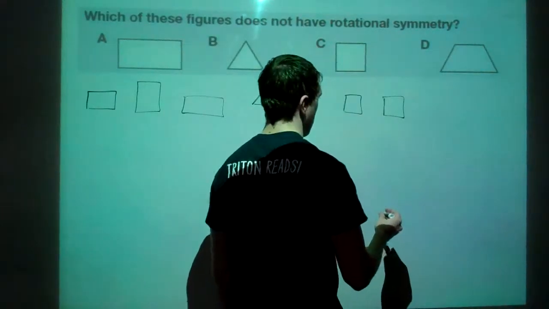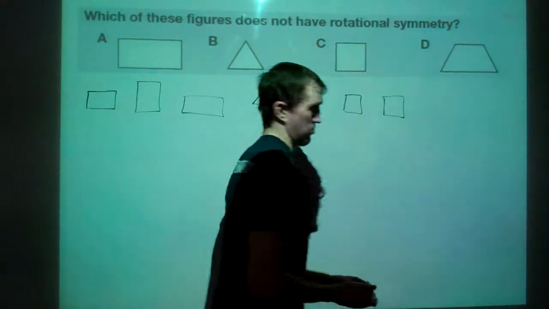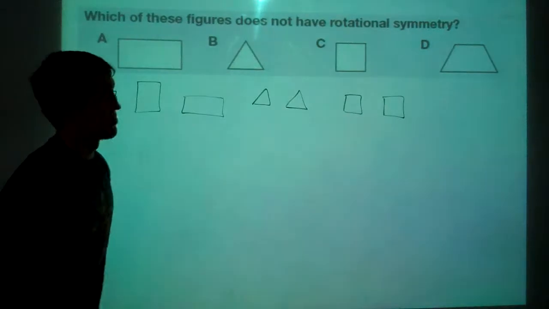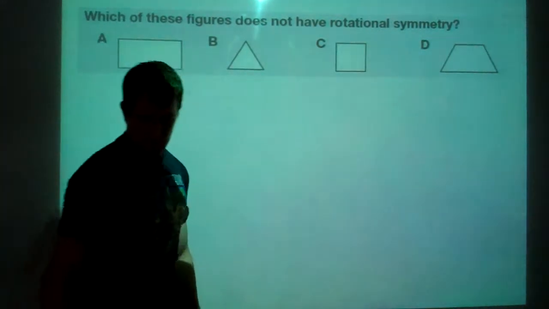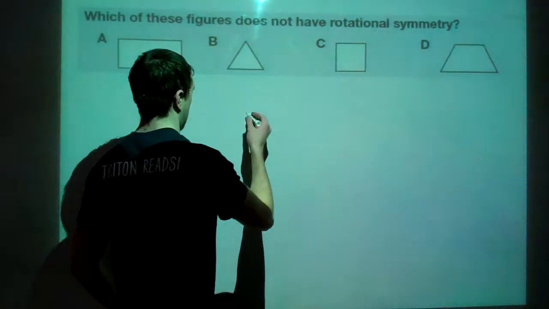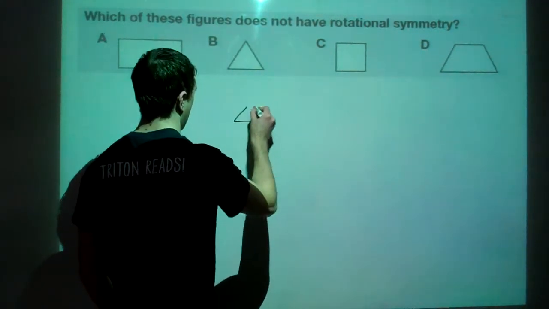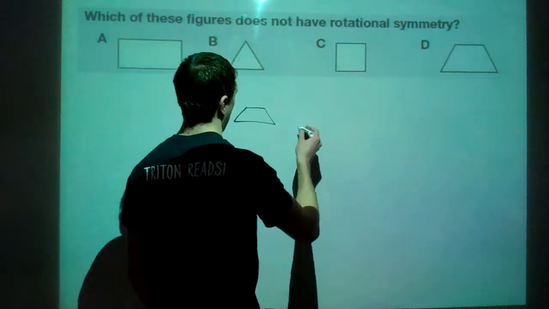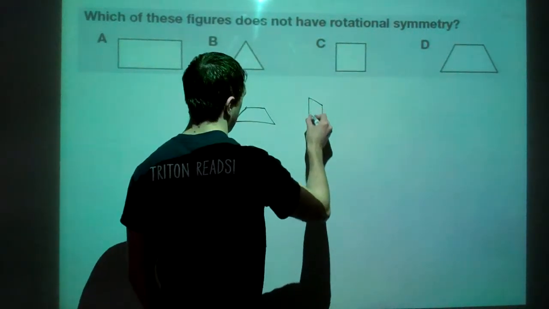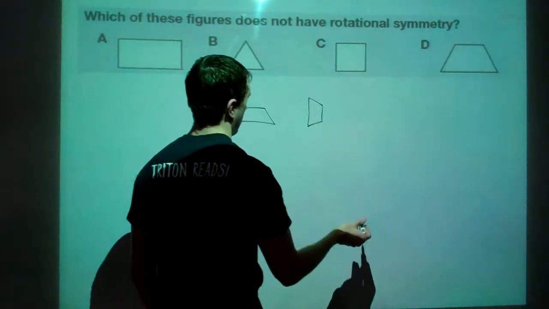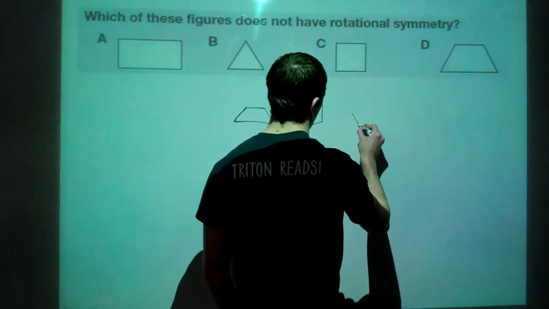However, with D, so D should be the one that does not have rotational symmetry. Let's take a look at that. Let's rotate it, okay, original position. And then if we rotate it once, it will look like this. Rotate it again, it will look like this.